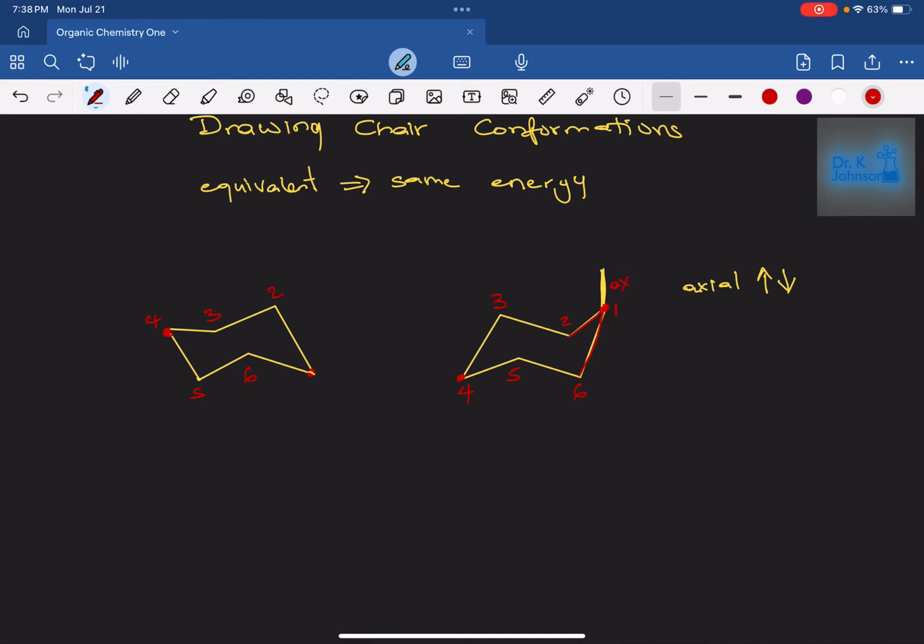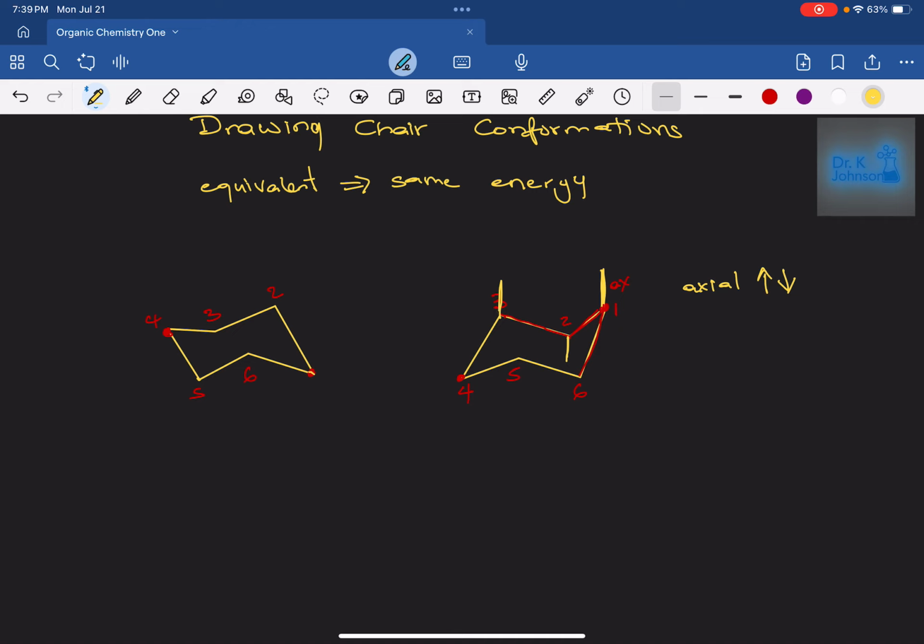Let's move around. Let's go to carbon number 2. On carbon 2, the lines meet, if you look at it, the lines meet here and here. The lines meet pointing down. So your axial bond on carbon 2 points straight down, right? Your two bonds at carbon 3, the lines meet pointing up.